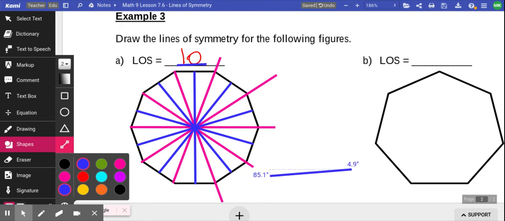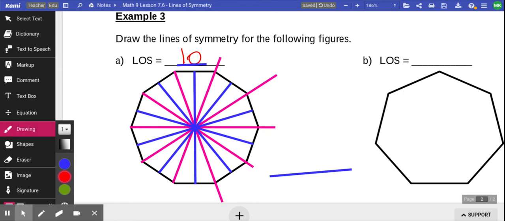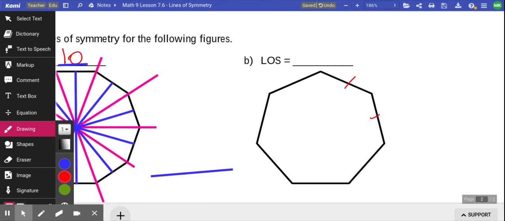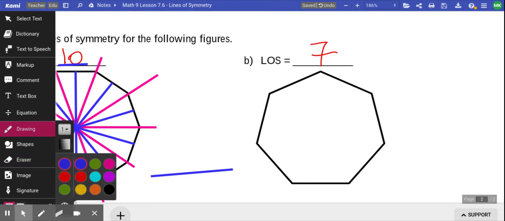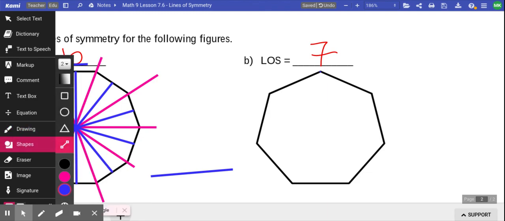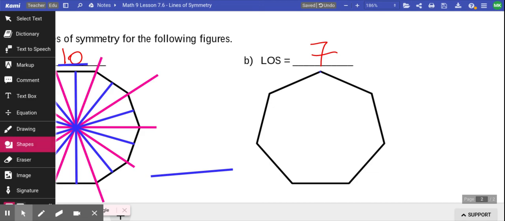For this one over here, we actually have an odd number of sides. If we were to count them, 1, 2, 3, 4, 5, 6, 7. There's 7 sides. The way that we find our 7 lines of symmetry is by going from one corner straight down to the middle of the side. That's 1 there.